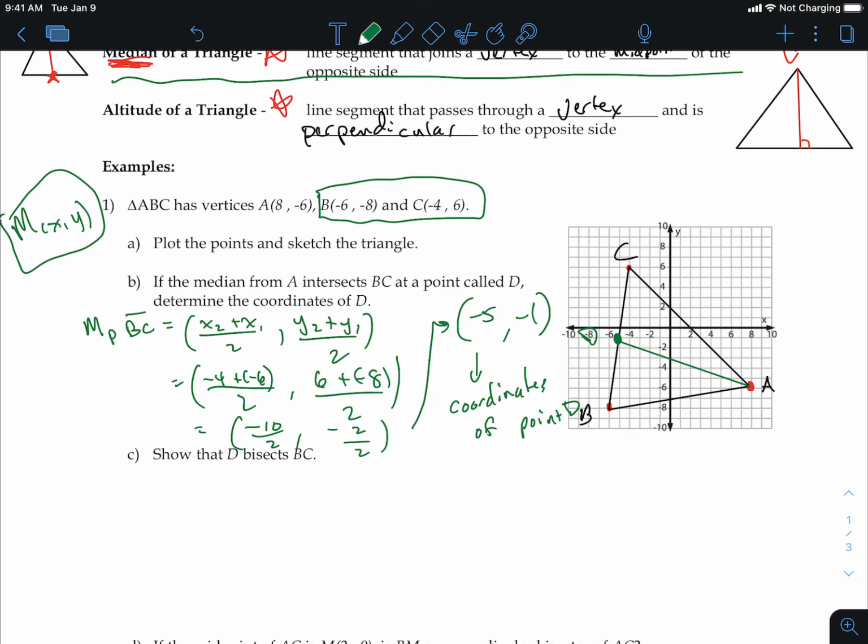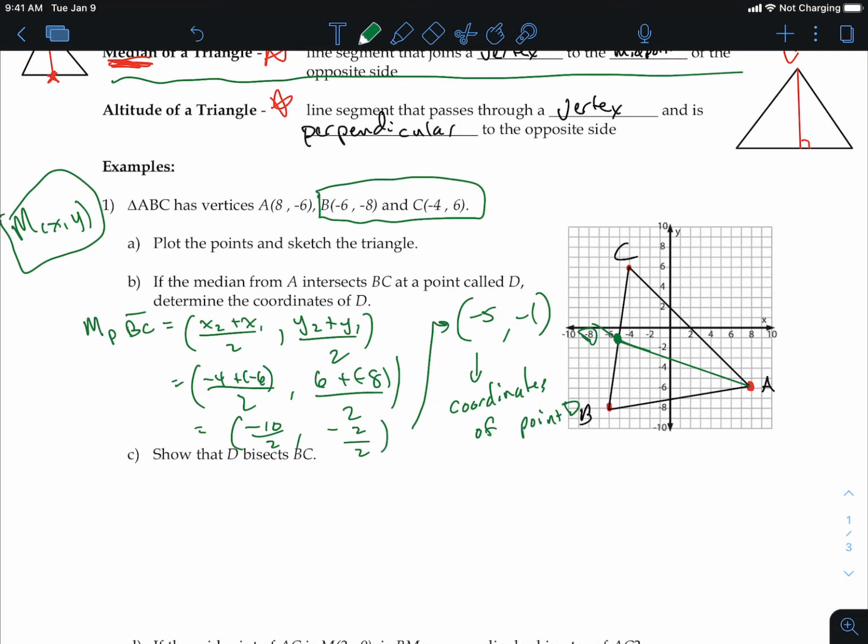Which word? Bisects. Bisects means it crosses, like you're trying to show whether or not it crosses. What if I said I need to show that the lengths of BD and DC are the same? If that's the case, then it better intersect at that point. Does that make sense or no?